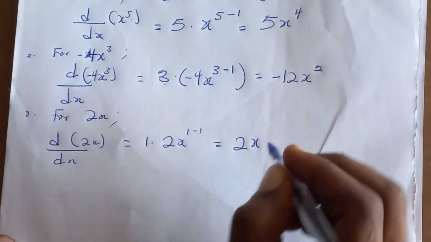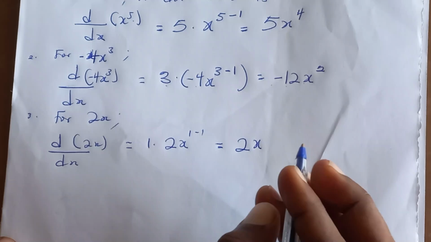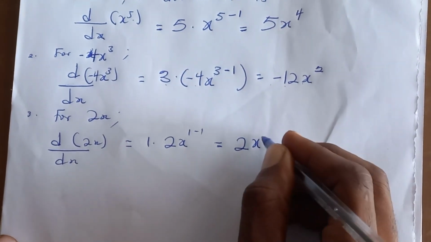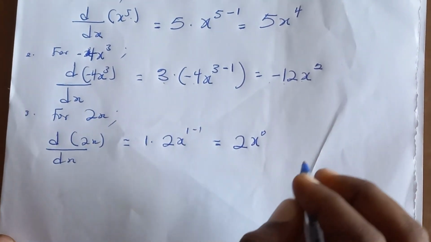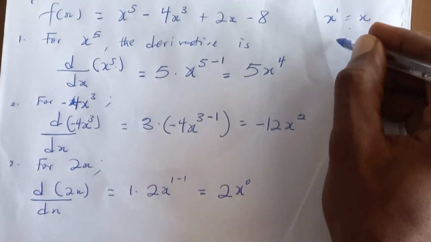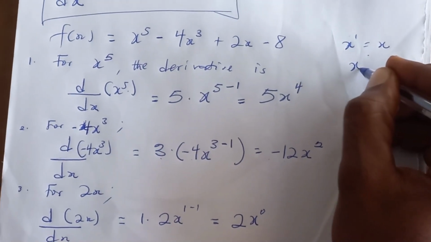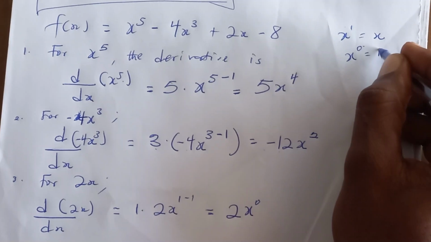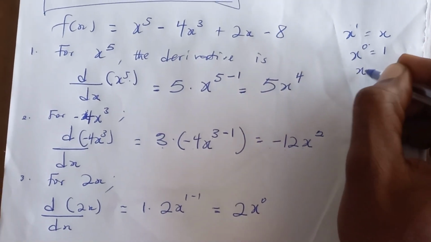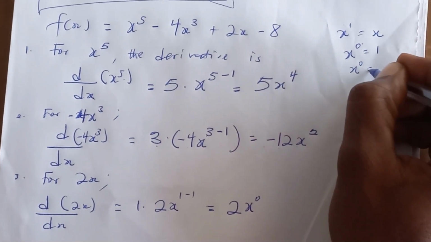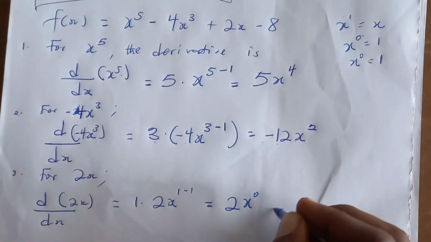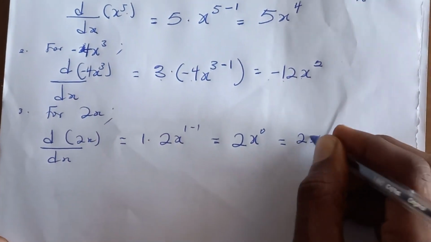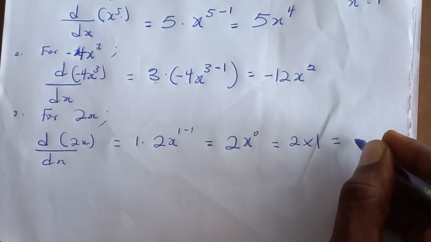And we know that 1 minus 1 is 0, so it's going to be x power 0. And don't forget, any number to the power 0 is 1. So x to the power 0 gives us 1. So it's the same as 2 times 1, which is equal to 2.